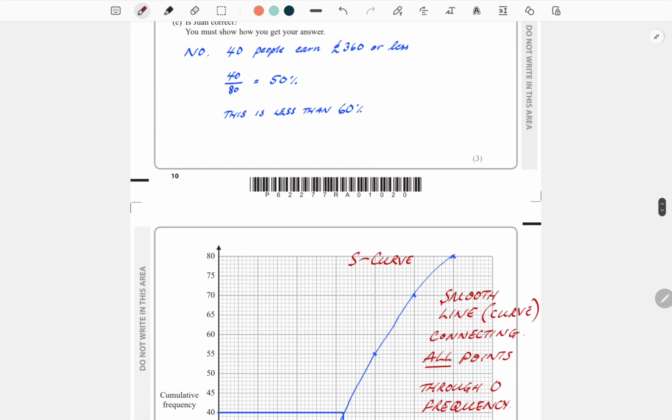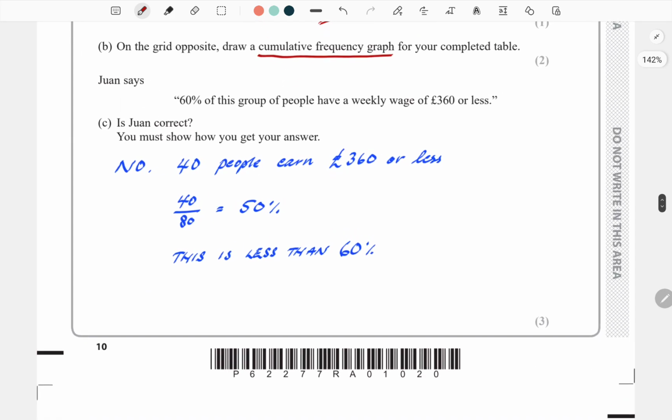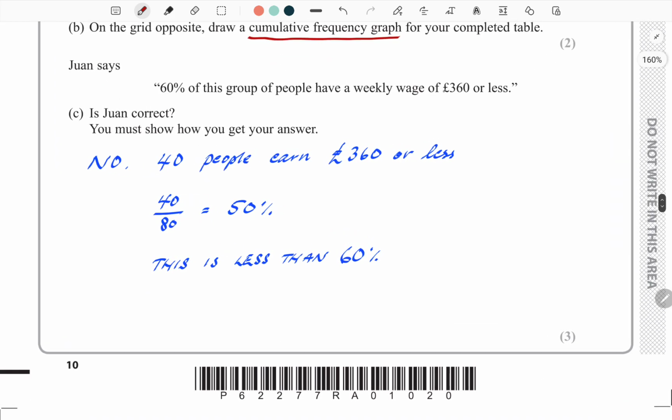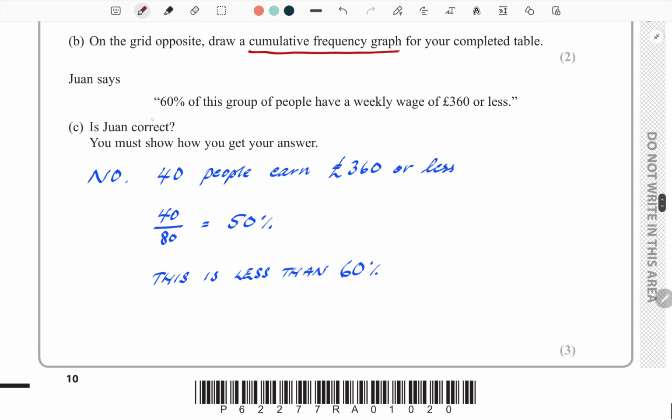The next part of the question, once you've done that graph, and now I'll go back to the size there. It states that Juan says 60% of this group of people have a weekly wage of 360 or less. So what we want to do to find out if he is correct or not is look at where the 360 appears on the graph.